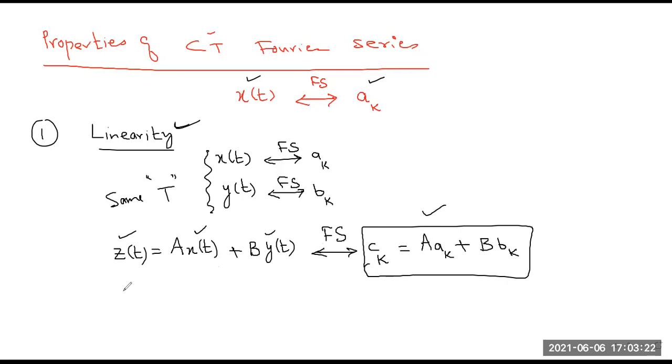There is always a proof behind any given property. So later on in this course, when we talk about other tools, that is discrete time Fourier series, and then we will move on to Fourier transform, continuous time Fourier transform, discrete time Fourier transform, and then Laplace transform, all of these tools have properties.